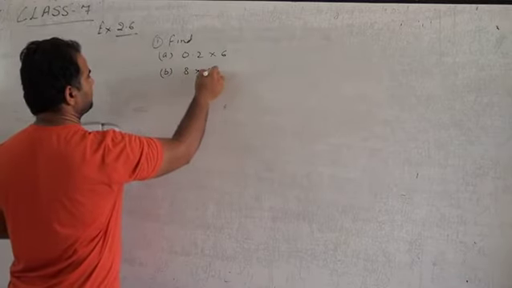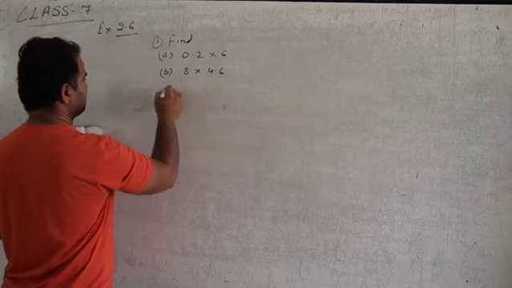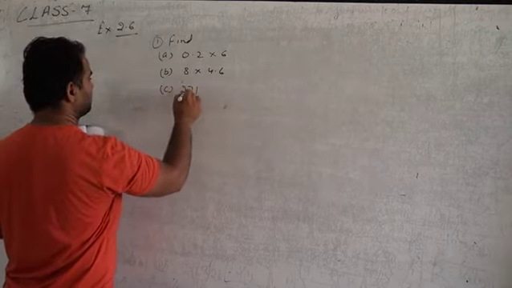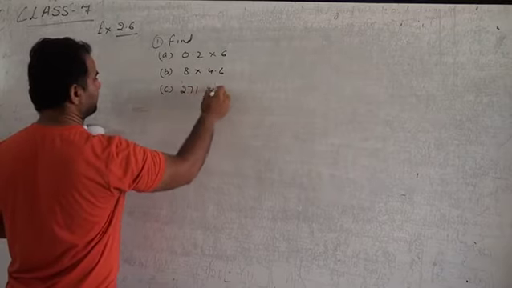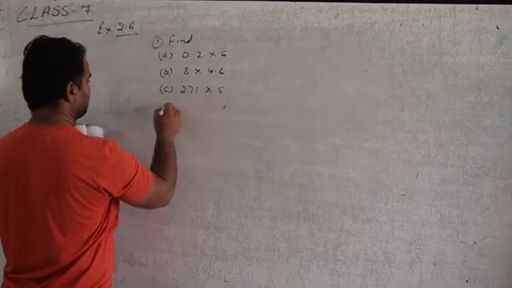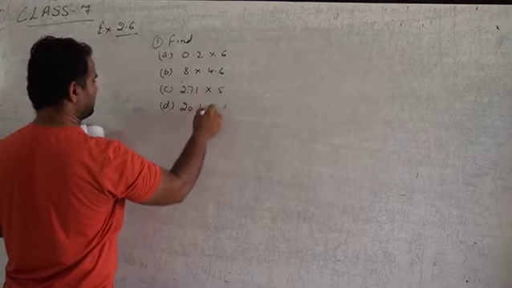Next is 2.71 multiplied by 5. Next, 20.1 multiplied by 4.